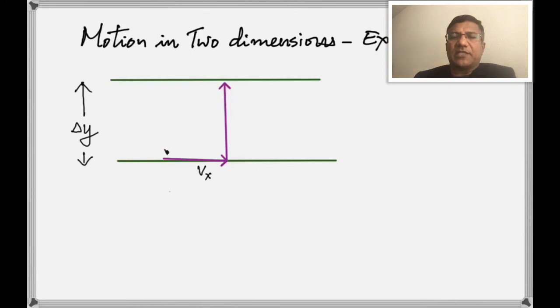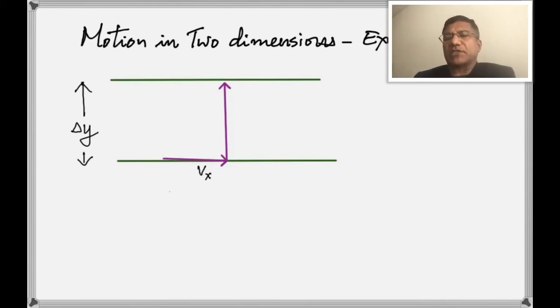So let's say that it starts from here. If it starts from here, we know that it's never going to end up here, because the water is flowing down. So the resultant velocity is going to be the vector sum of Vx and Vy. So if it starts from here, the speedboat is going to end up here.